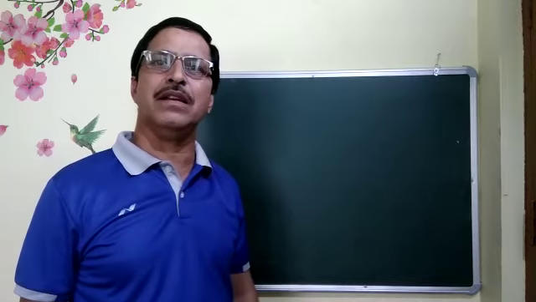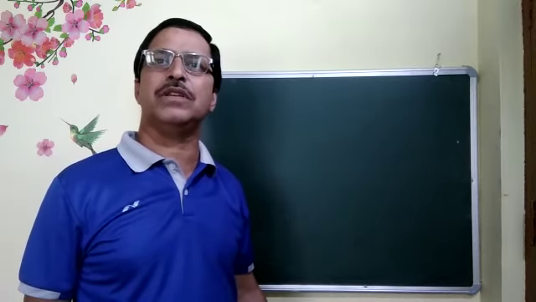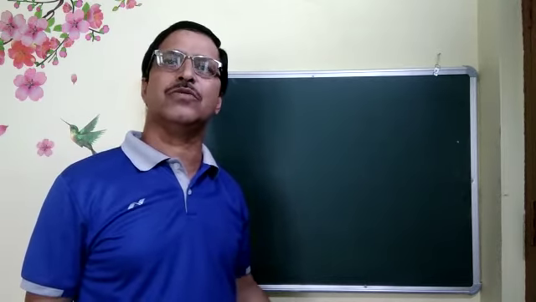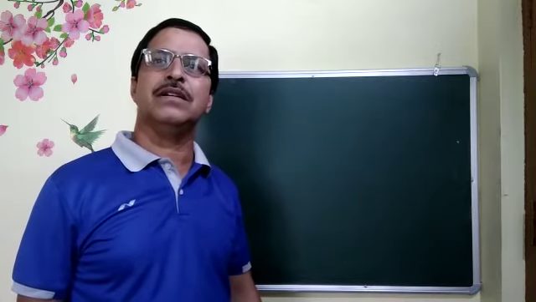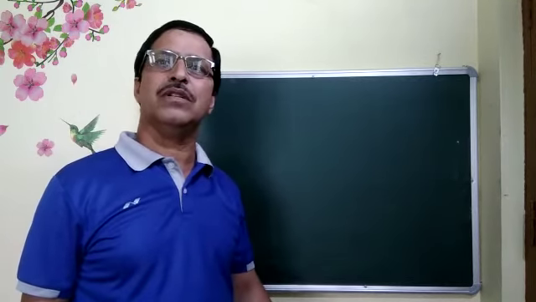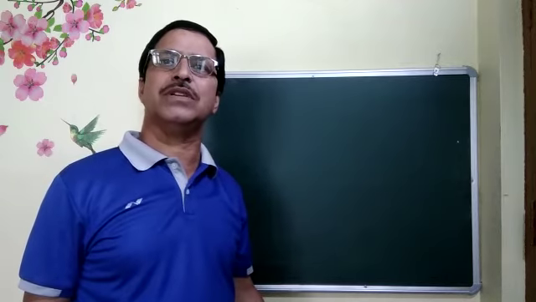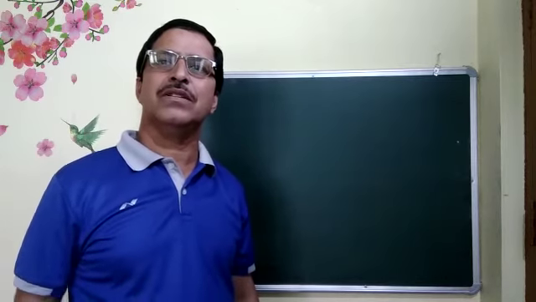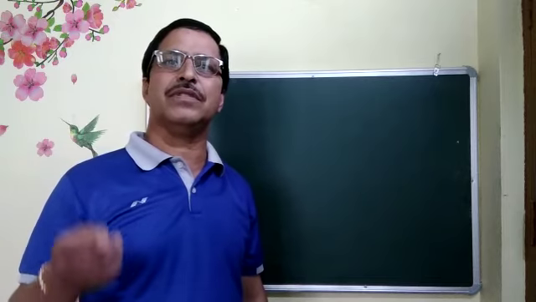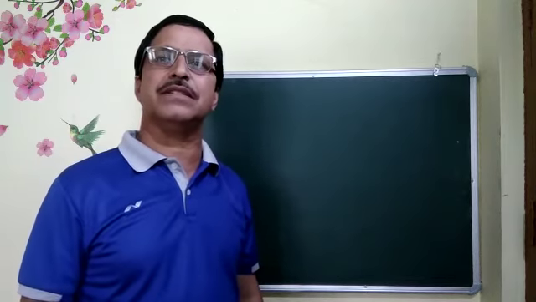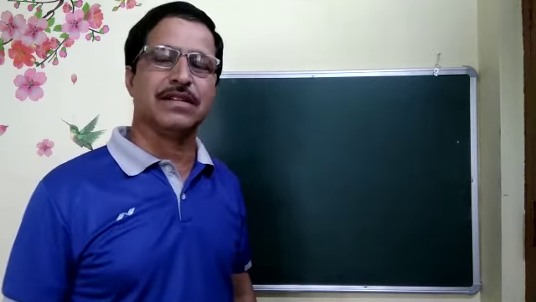As for example, 5 is equal to 3 plus 2, it is equal to 2 plus 3, it is equal to 4 plus 1, 5 plus 0, 6 plus minus 1, etc. So there are infinite pairs of vectors of which a given vector is the sum.